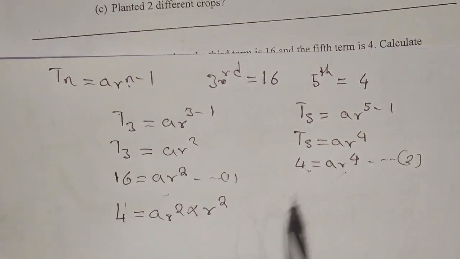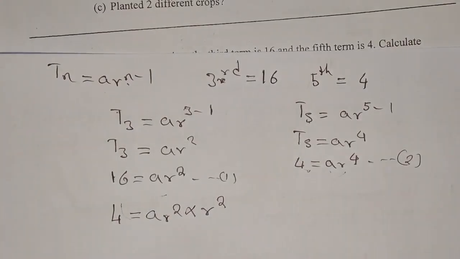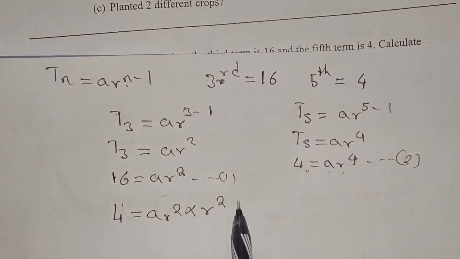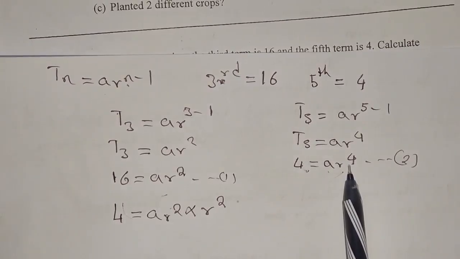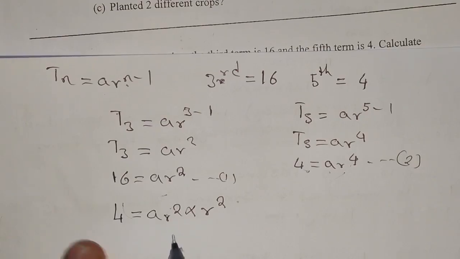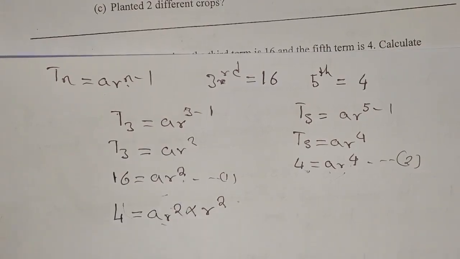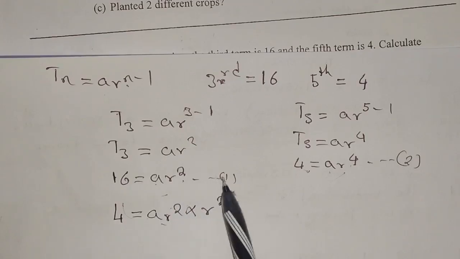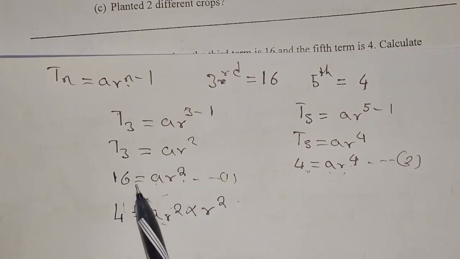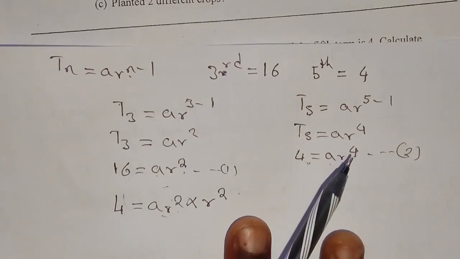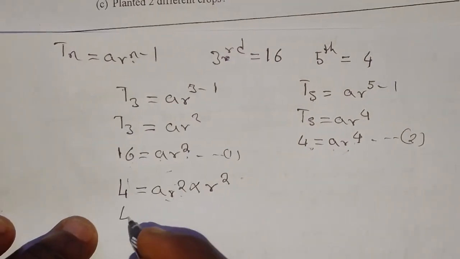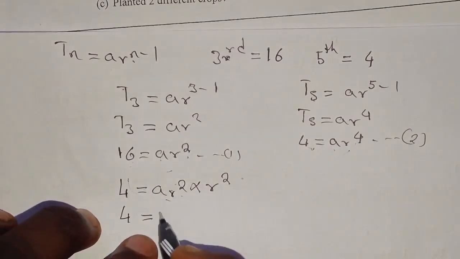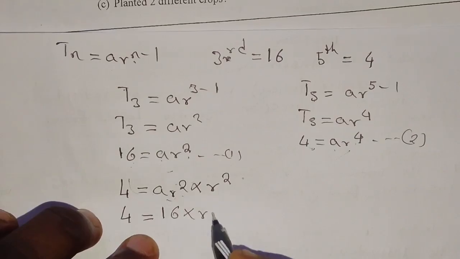Writing it like this is the same, because when you multiply numbers or letters of the same base, you just add the powers: 2 plus 2 gives 4. Now ar squared is the same as ar squared in equation 1, whose value is 16. So where there is ar squared, we replace with 16. We have 4 is equal to 16 multiplied by r squared.